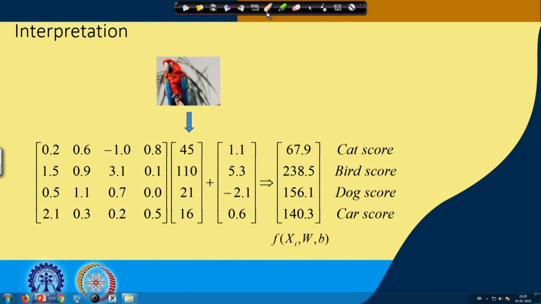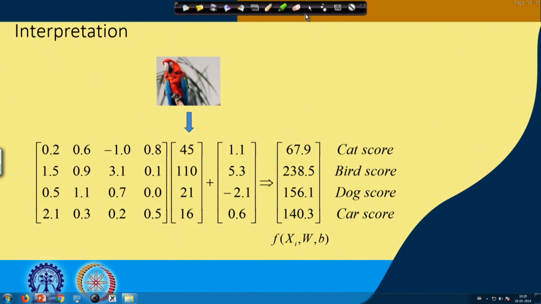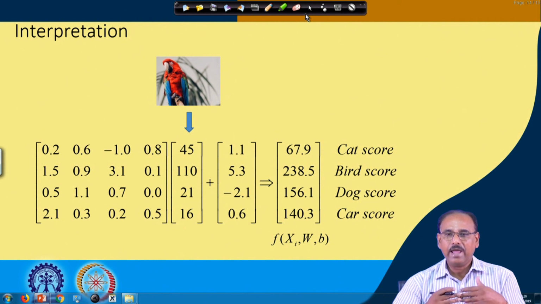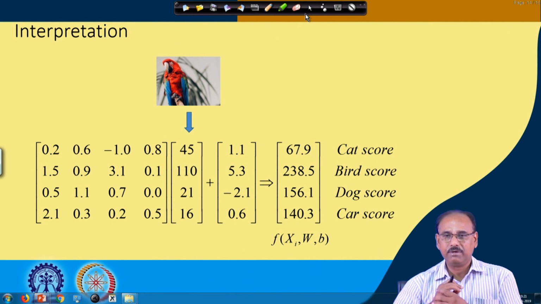As we have seen so far, in this linear machine, for every class or category I have a vector which is a row in the matrix W, and for the input vector I take the dot product with the ith row of the parameter matrix W, and this dot product, along with the bias term, gives me the score for the ith class.